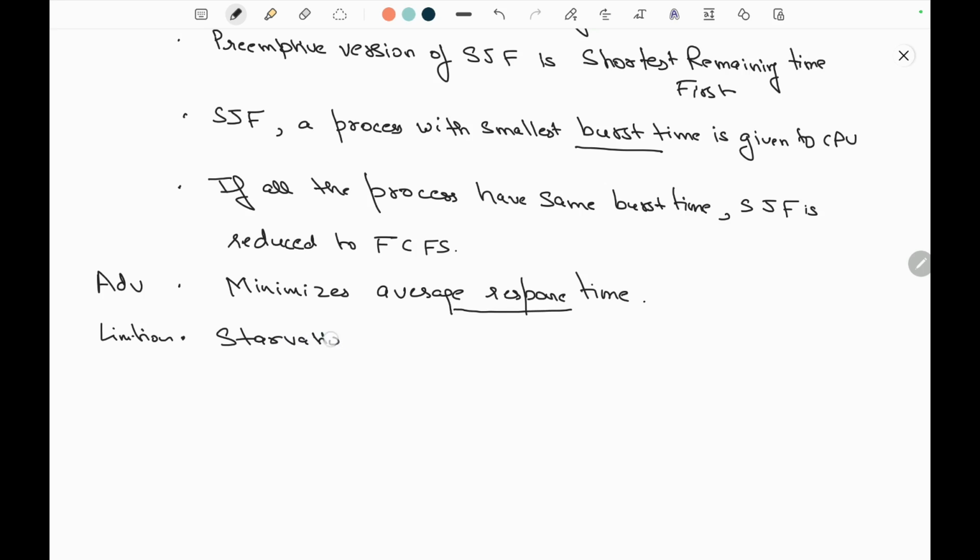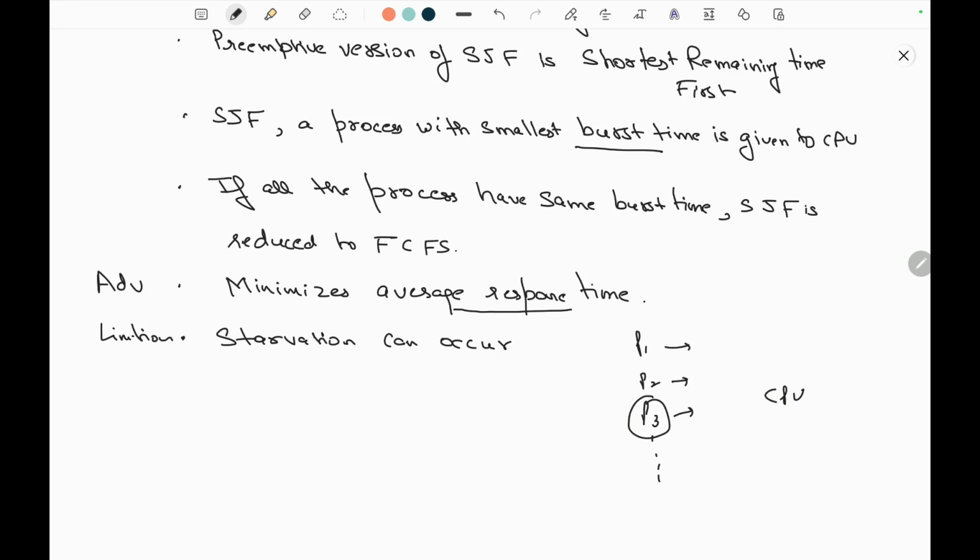So starvation can occur because it might be possible that whenever multiple processes are there, let's suppose we have P1, P2, P3, different processes, and new processes are being generated all the time.